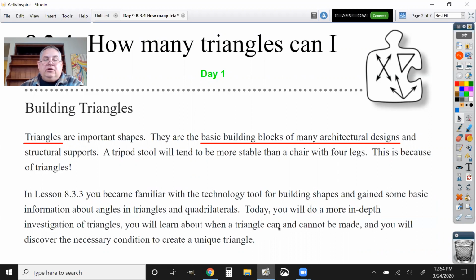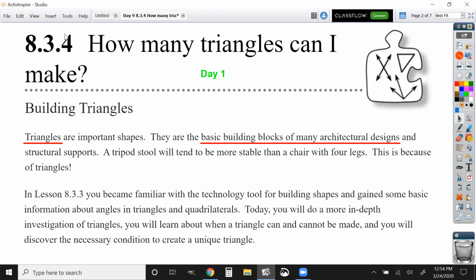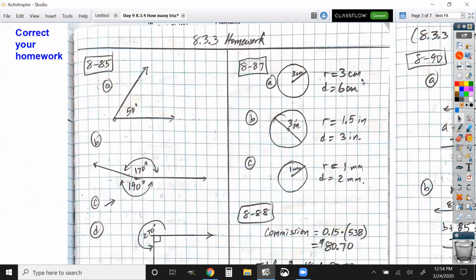You will learn about when a triangle can and cannot be made, and you will discover the necessary conditions to create a unique triangle. Triangles are so important they actually have their own math class. It's called trigonometry, and you'll study that in high school.